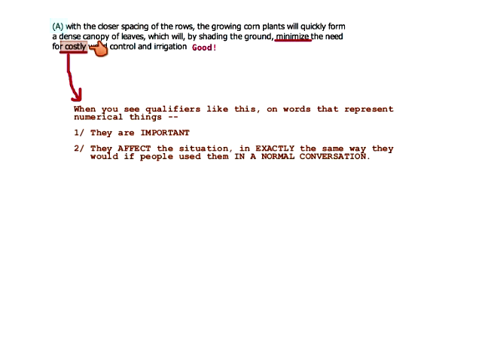Here's another. I'm just going to pull up an answer choice from a different problem that we did in one of the other study halls. I'm not going to pull that actual problem up, just the answer choice.